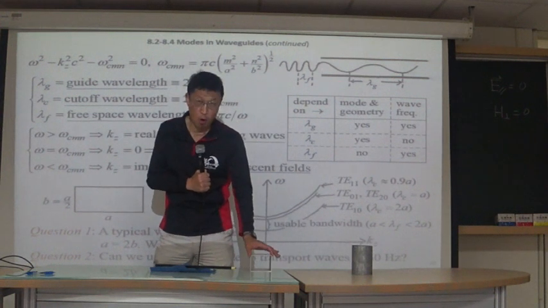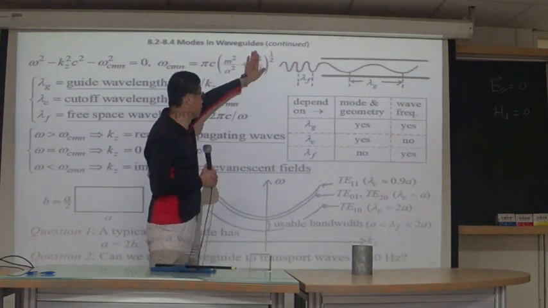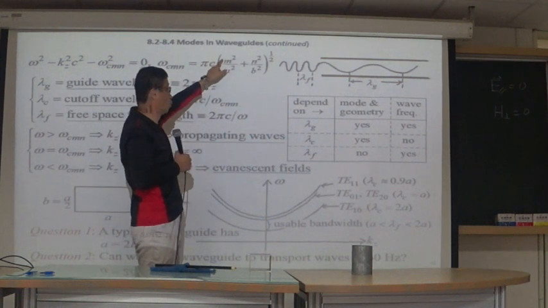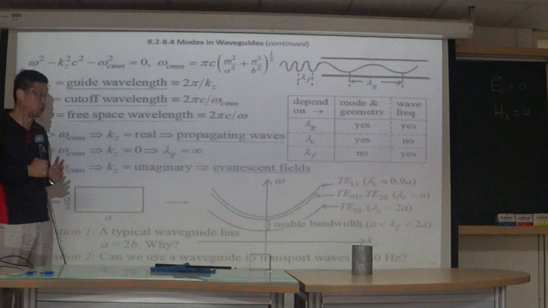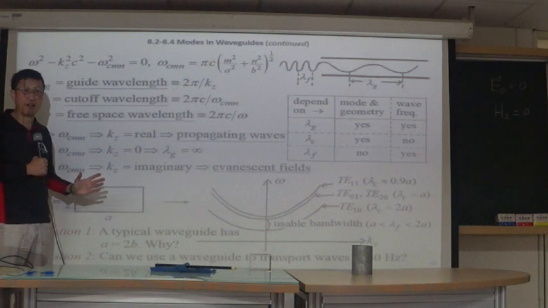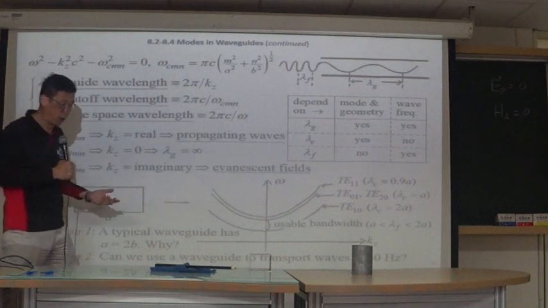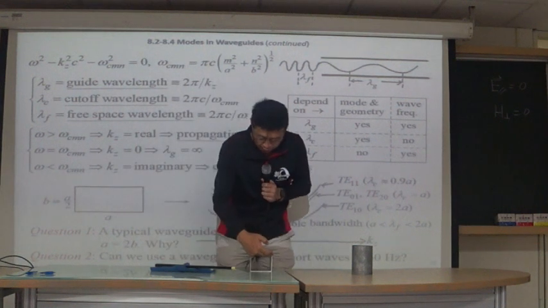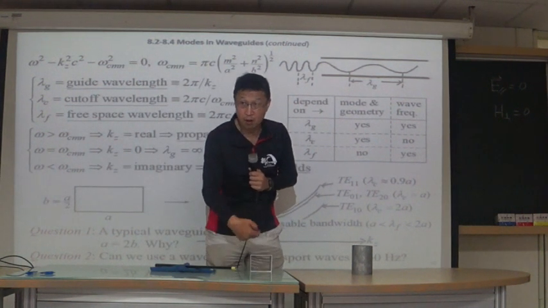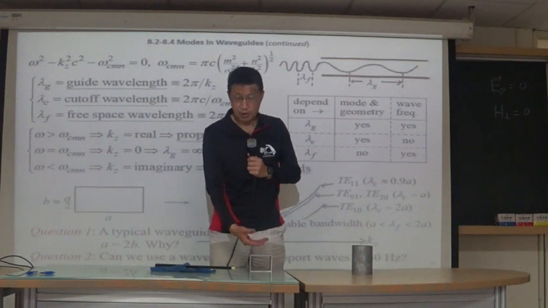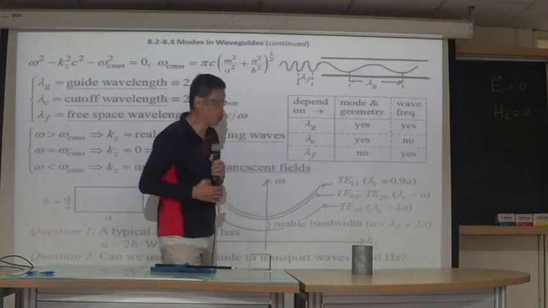So the lowest mode will be 1. So from the geometry, you can determine everything. The next mode will be something like this one, or this one. Okay. You can determine everything from the geometry.